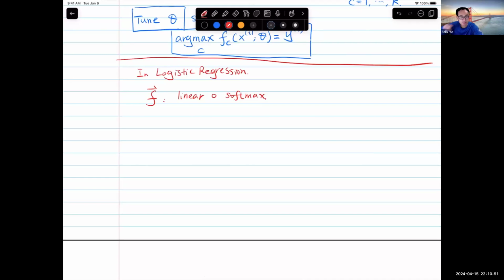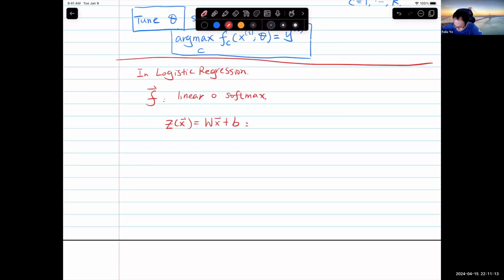To be more specific, I'm going to map the input features through a linear function like this, z = Wx + b.